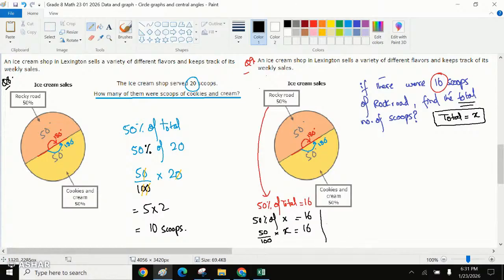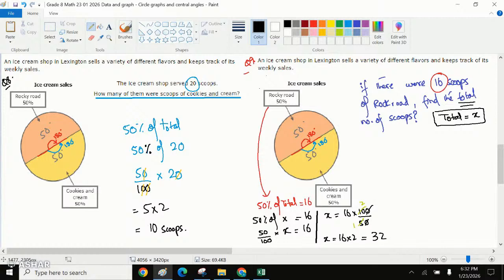Can we simplify? I can do this directly as well, but I'm trying to show you all the steps. So X becomes 16 multiplied by 100 divided by 50. And we know that 5 times 1 is 5 and 5 times 2 is 10. So we can say the value of X comes out to be 16 multiplied by 2, that is 32.